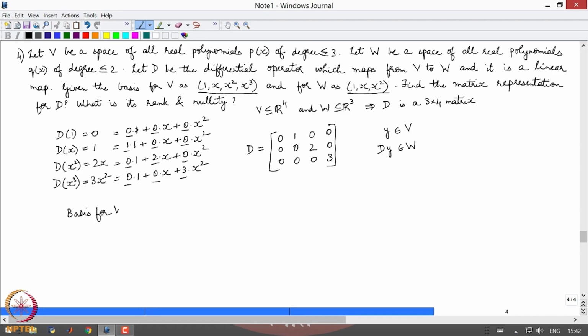The basis for W is now changed to the following order: x square, x and 1. Okay, I just reversed the order. So, now what will be D? It is obvious that it cannot be the same. We just have to reverse these coefficients, so we will get it this way.